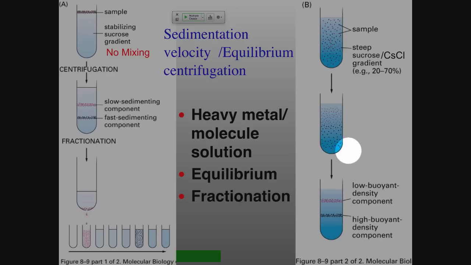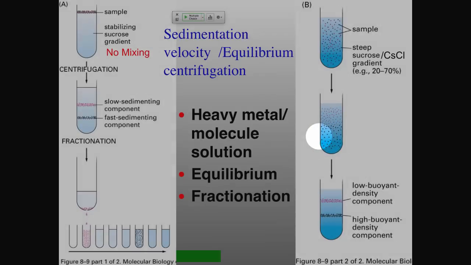Now this sample is mixed in completely in this gradient. You put it into a centrifuge, and in this case, again, usually hundreds of thousands times the force of gravity, and eventually what will happen is this will separate based on density.